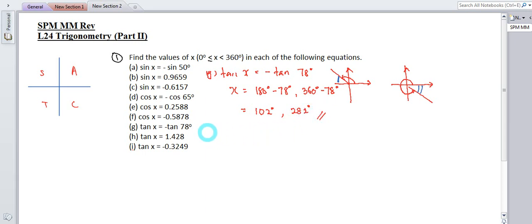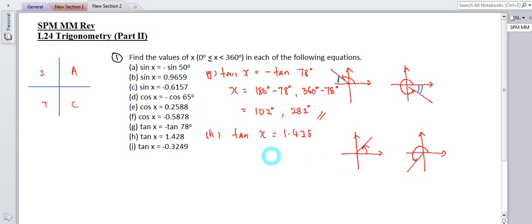Okay, now we go to H. Tangent x is equal to 1.428. Okay, this tangent you want to get a positive value. ASTC, you know that first quadrant or the third quadrant here. So first we need to determine the reference angle.